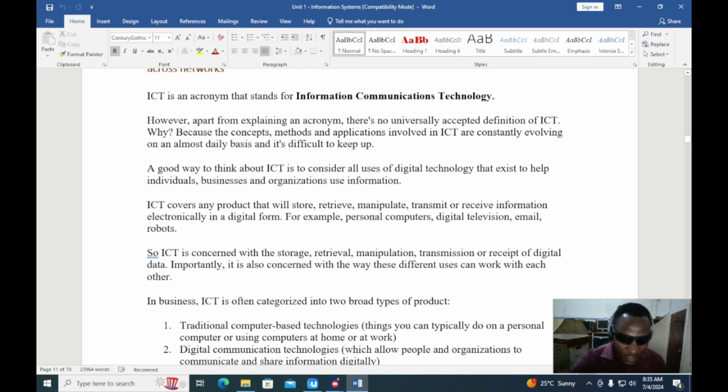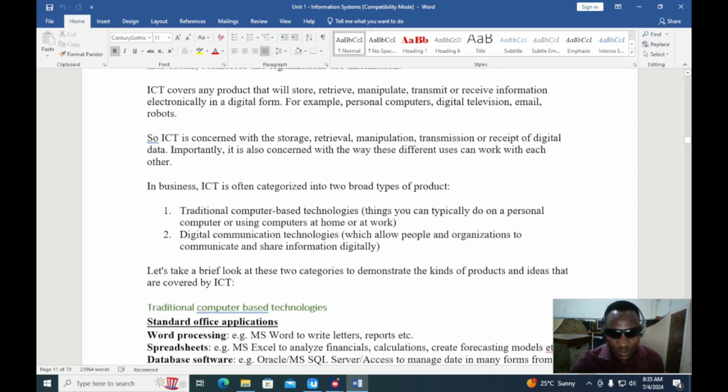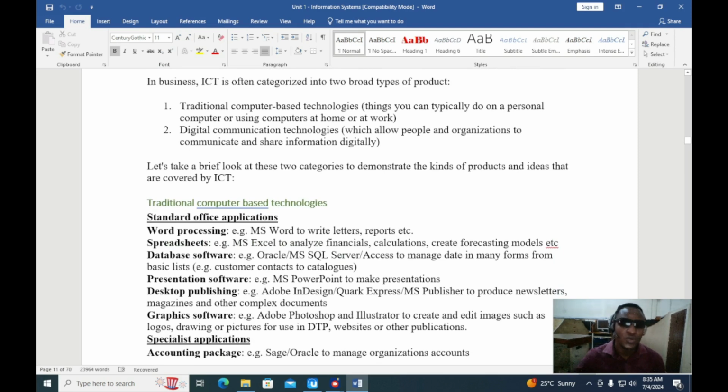When you look at ICT in business, we are going to categorize ICT into two broad types. The first one is the traditional computer-based technologies, and the second one is digital communication technologies. The traditional computer-based technologies are things we can typically do on a personal computer, using computers at home or at work.